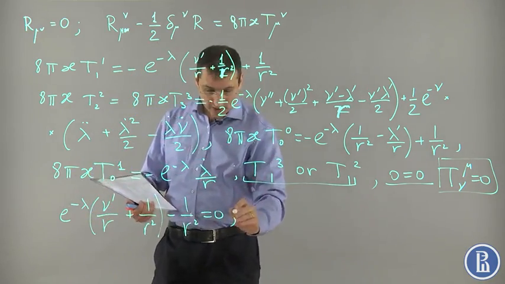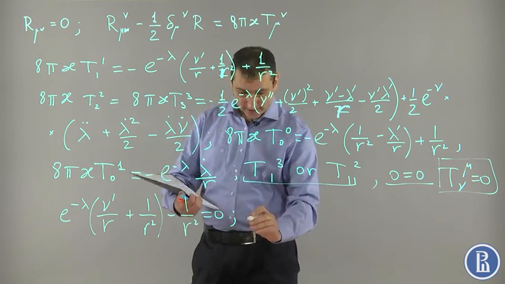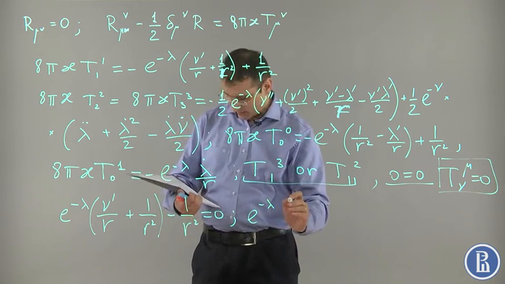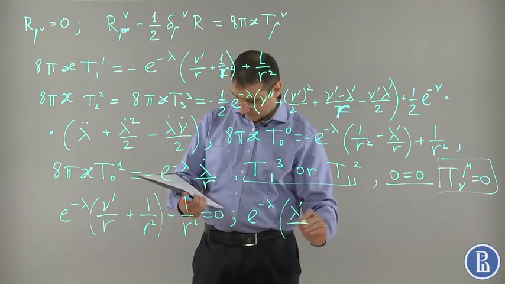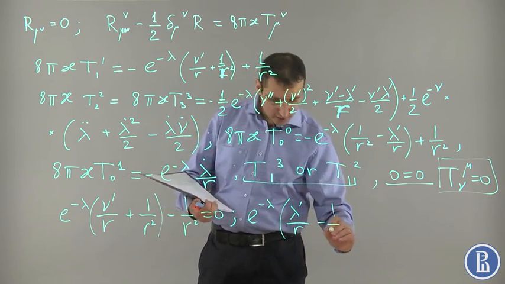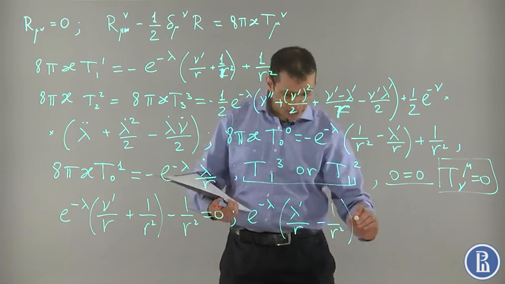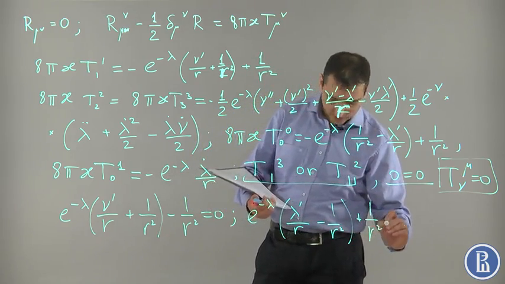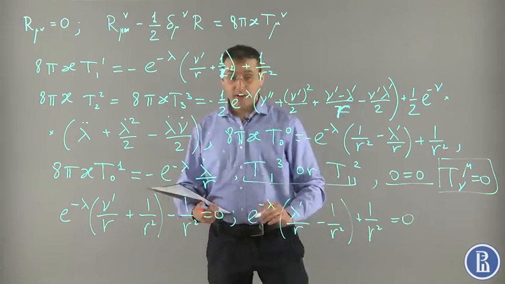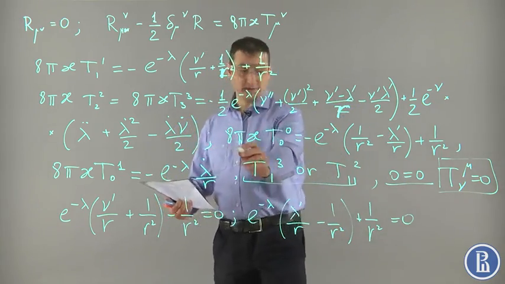Then we have the equation e to the power of minus lambda times lambda prime over r, minus 1 over r squared, plus 1 over r squared equals 0. So this form reduces this equation.